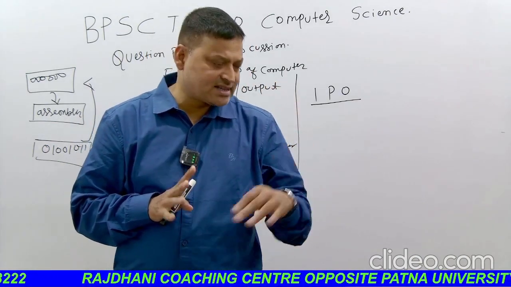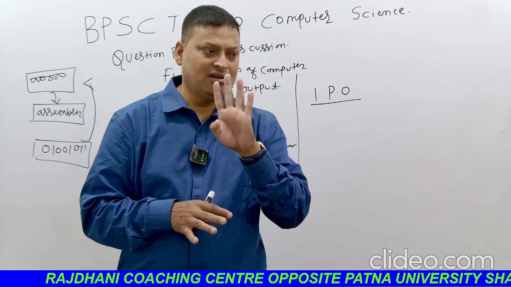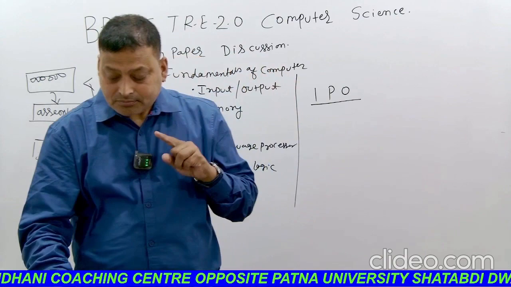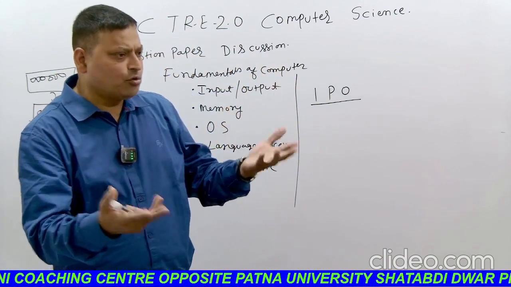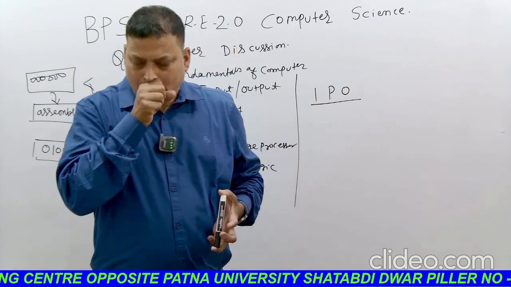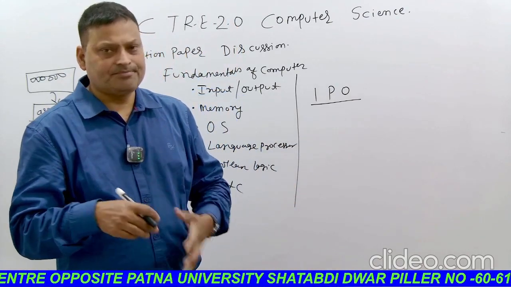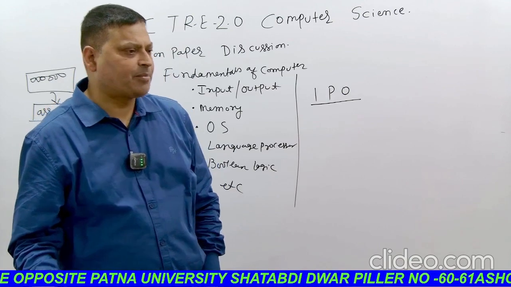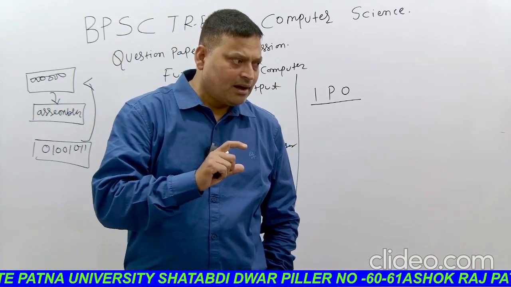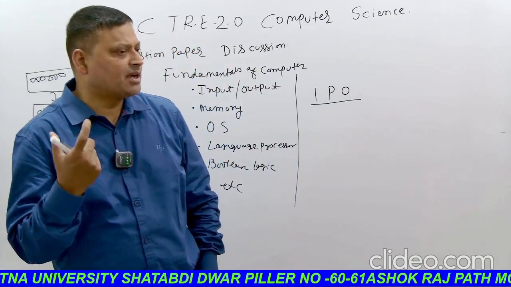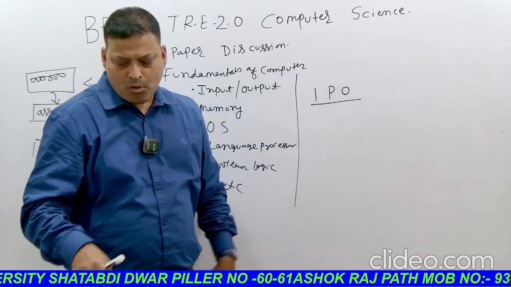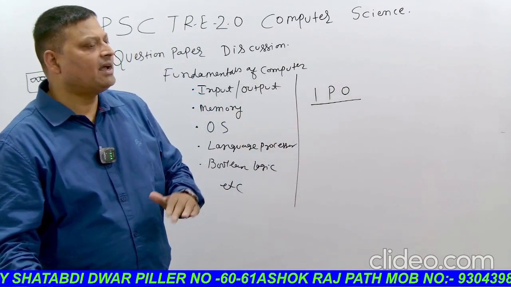As far as translators are concerned, there are only three: assembler, interpreter, and compiler. Now you may ask, if assembler, compiler and interpreter are there, why is there a need for three? Assembler converts the mnemonic symbols into 0101.